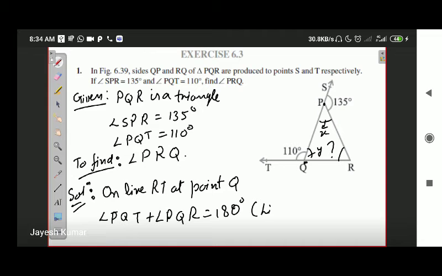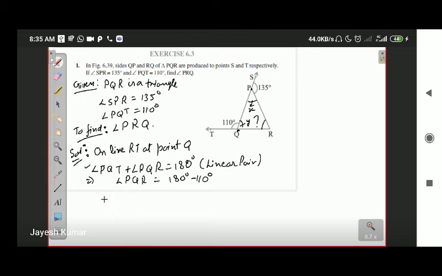Reason is linear pair. That means angle PQR should be equal to 180 degree minus 110 degree. Why? Because the value of angle PQT was 110 degree. Okay. So that means angle PQR should be equal to 70 degree. This is the first equation. Okay.